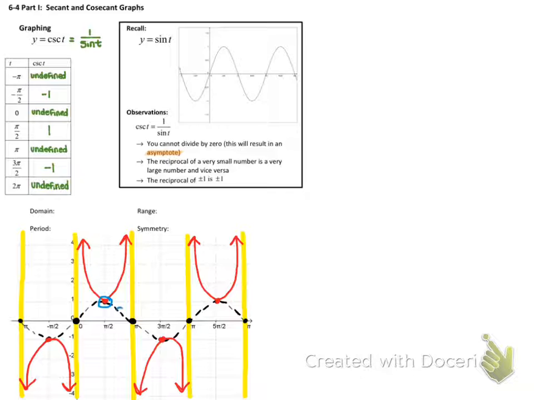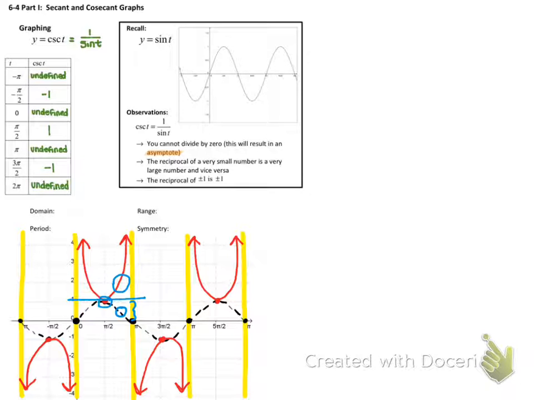However, if I took this output value right here, whatever that is, it is clearly in between 0 and 1. So that's a number smaller than 1. And if I take a reciprocal of that, then it's going to become a bigger number, which puts the output value around here, which is clearly greater than 1.